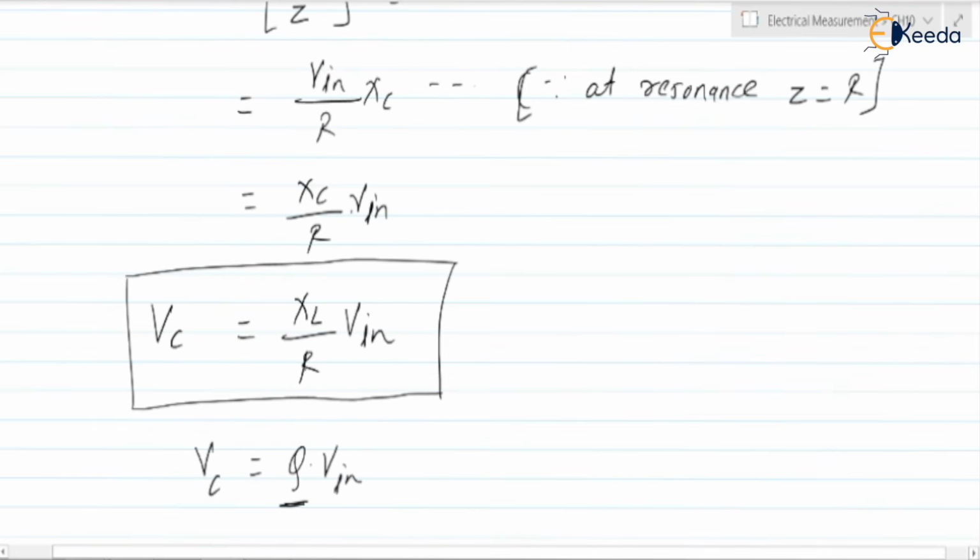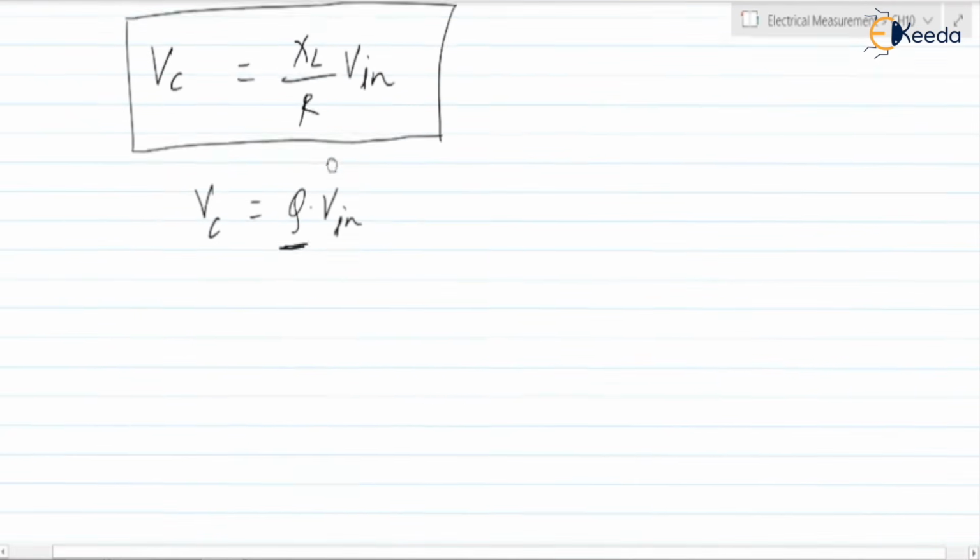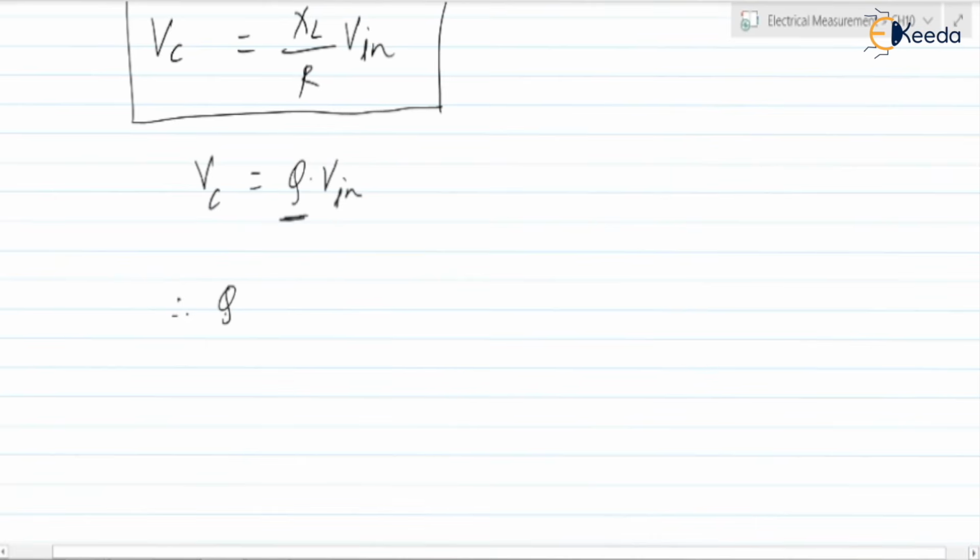So from this we can say Q is equal to XL by R, which is equal to XC by R. This is the Q factor, which is again equal to Vc by V in, that is, the reading of the voltmeter across the capacitor divided by the input voltage V in. So Q is equal to Vc by V in.